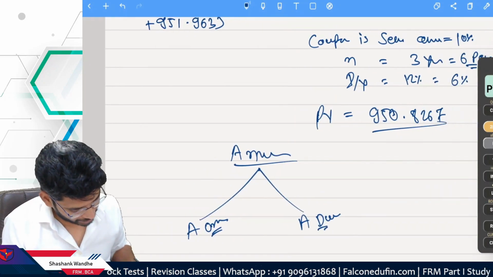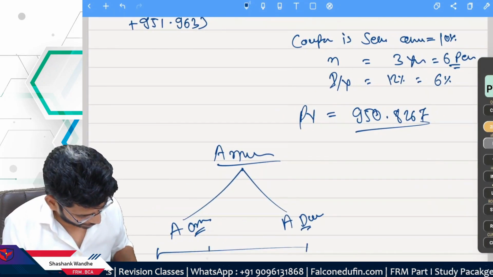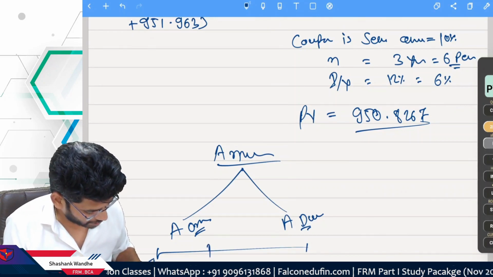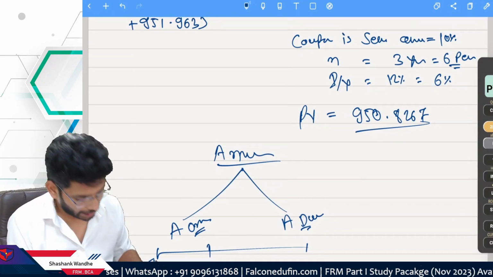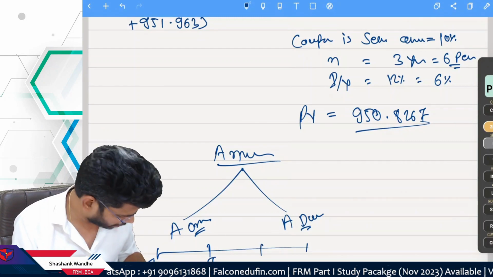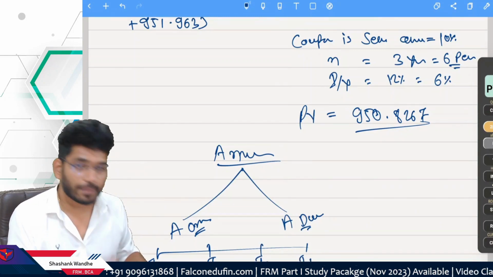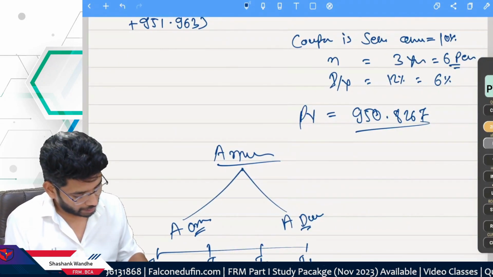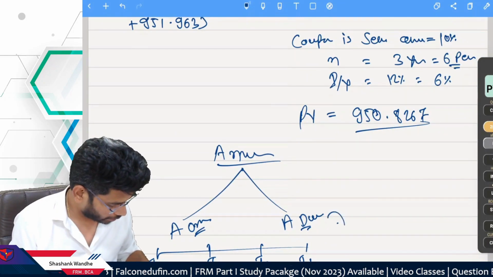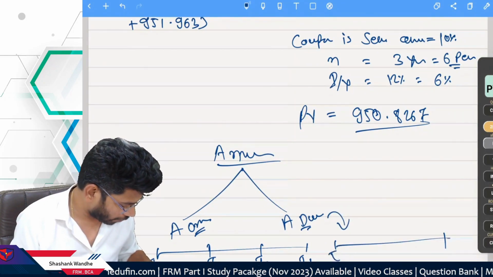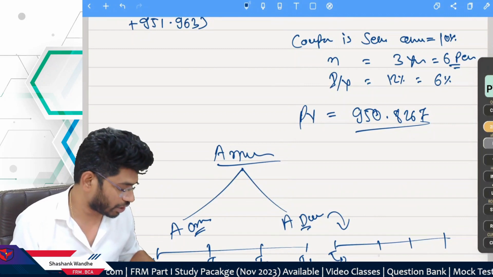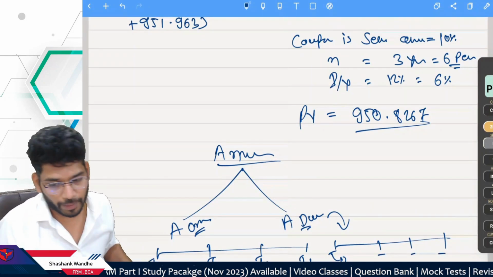So annuity ordinary means when you consider this particular timeline and this is your time T0, the cash flow will start at least from T1, maybe it can start from T2 or T3, but at least from T1. But when the annuity is due, then the cash flow will start from T0 and this will change your calculations. This you need to remember.